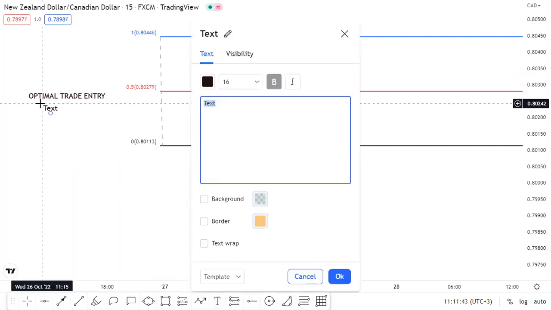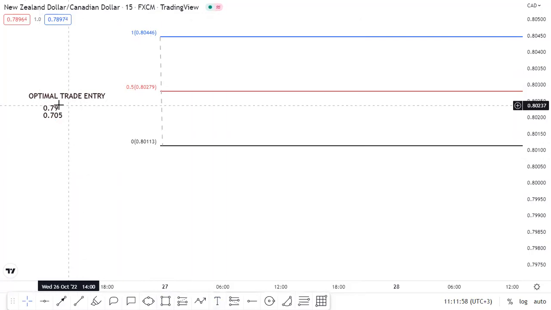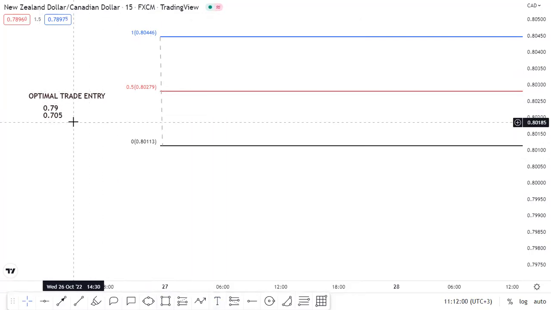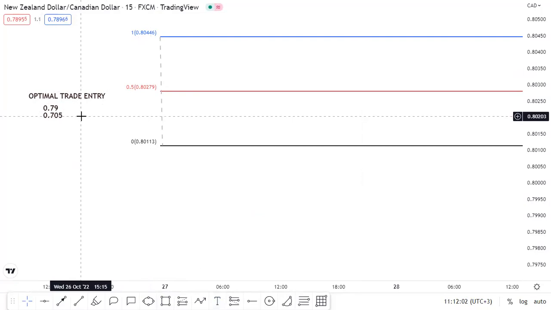The first point is 0.79, and the second point is 0.705. So these are our very, very important points. If price touches these areas, we expect it to buy or to sell.